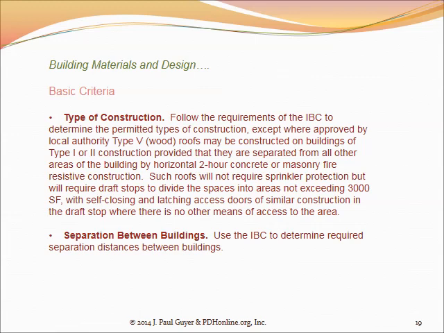The point here being that the roof is a very vulnerable element in a building in the event of a fire. That's because the vector of the fire is vertical, and the roof gets a lot of stress from a fire.